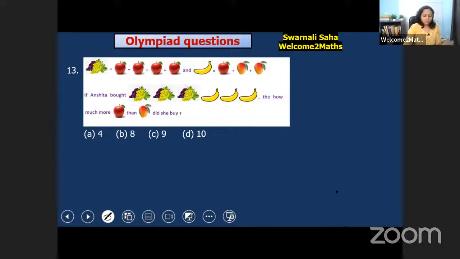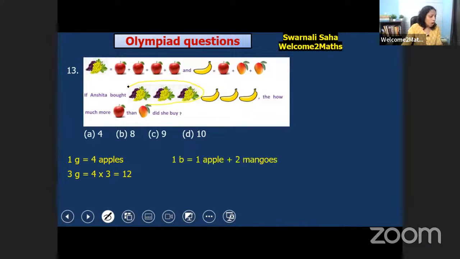You see, one bunch of grapes is equal to 4 apples. Okay, let's watch carefully. So Anshita bought 3 bunches of grapes, which is 4 into 3, that is 12 apples. Next, 1 banana is equal to 1 apple plus 2 mangoes.